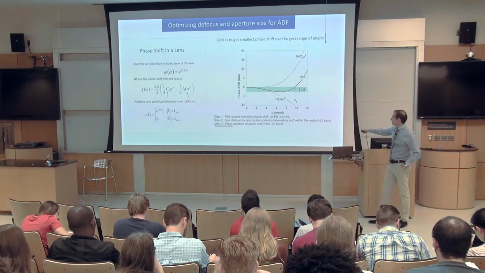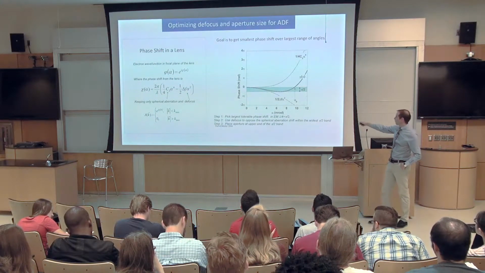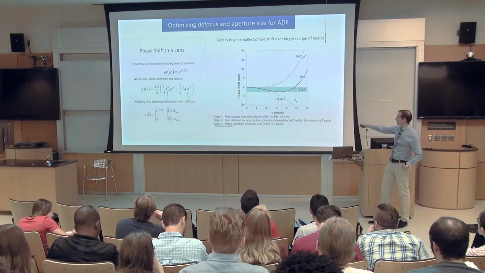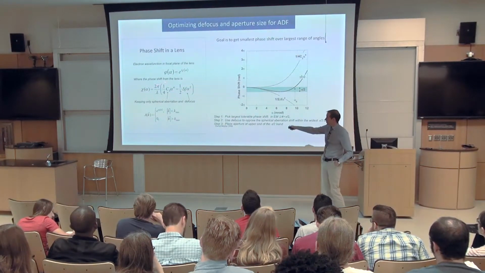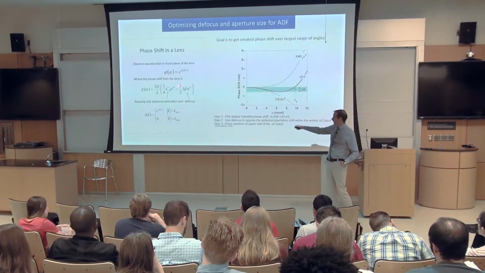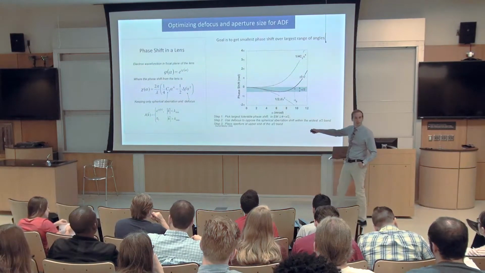Defocus can be adjusted, so it can go in the negative direction, and we could create a curve that then minimizes the total phase shift, gets it as close to zero. So it's this balancing act where we're trying to balance the phase shift introduced by spherical aberration against the phase shift that can be adjusted with our defocus knob.